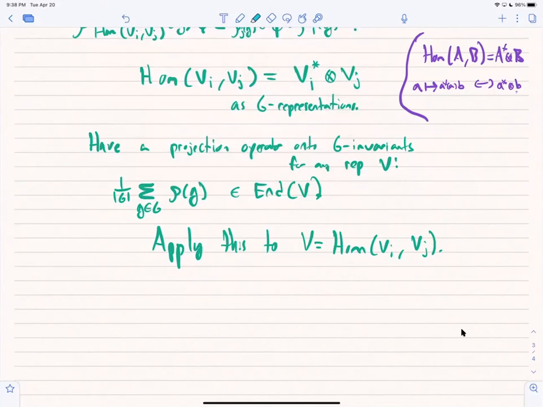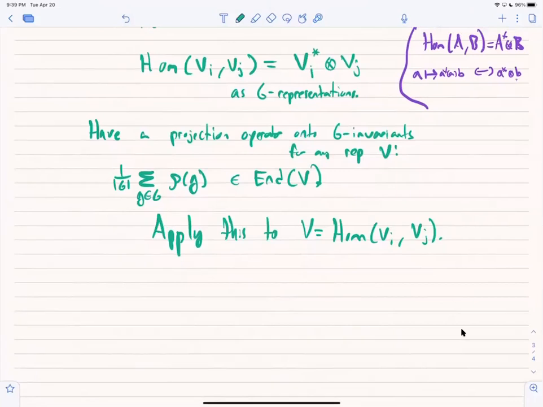So we're going to apply this formula here for the projection operator onto the G invariants, in this case where V is Hom(Vi, Vj). And the point is, if I take the trace, in this generality, the fact that this is a projection operator onto the G invariants implies something about the trace of this operator.